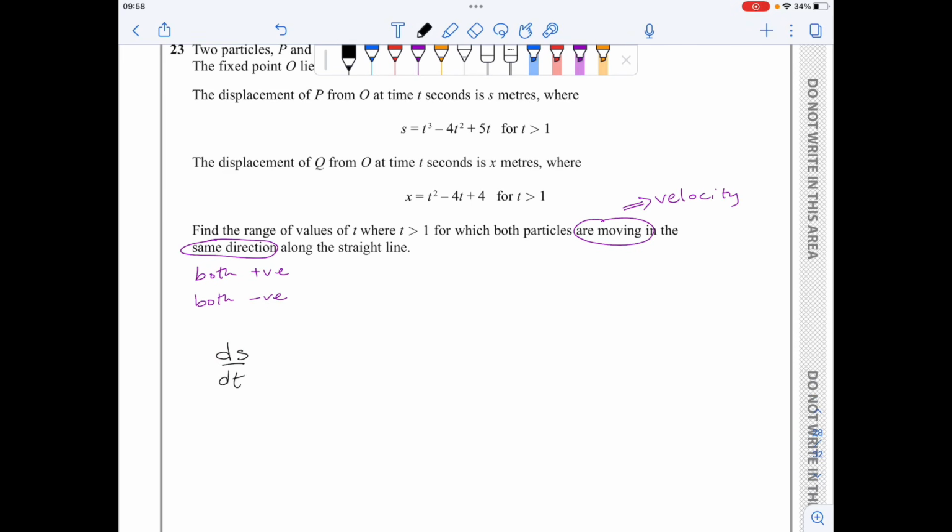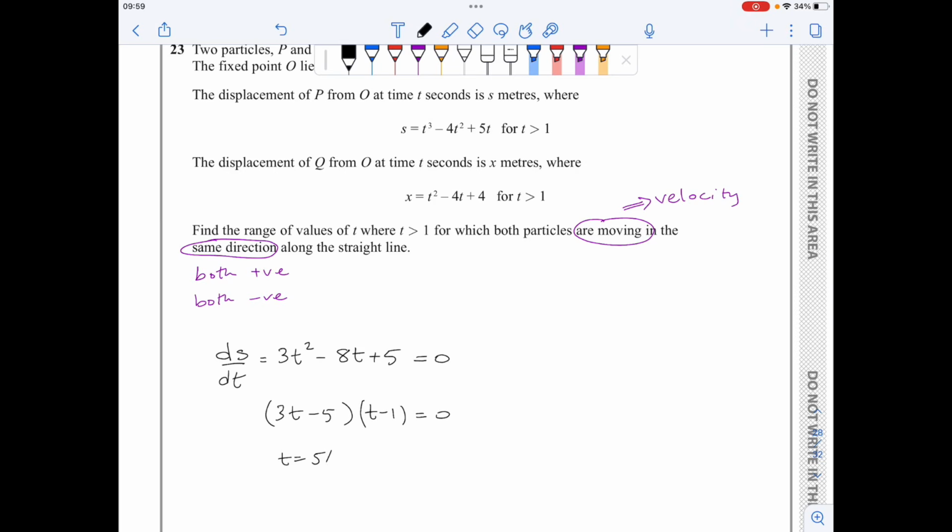ds/dt is equal to 3t squared minus 8t plus 5. I will set this equal to 0 and then factorize: (3t minus 5)(t minus 1) equals 0.